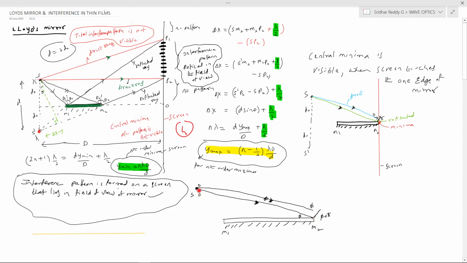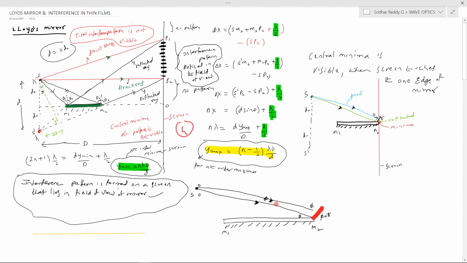The source will emit the rays with zero phase. Then as the wave propagates, it will acquire a phase. By the time it reaches one end of the mirror, it will acquire a phase angle of phi. Then due to reflection, because it's reflected by a denser medium, the mirror is denser. Above the mirror let there be air. This medium is air, so the refractive index of air will be less compared to the mirror. So after reflection, the wave will undergo a phase change of pi radian.